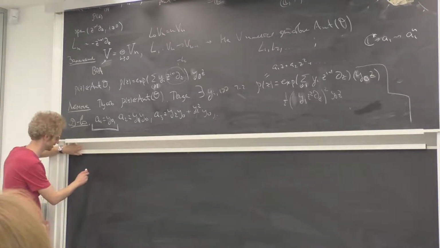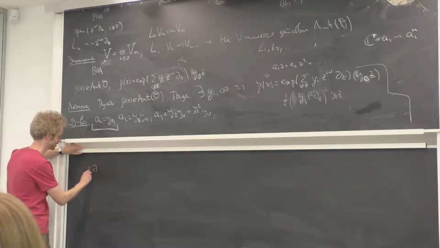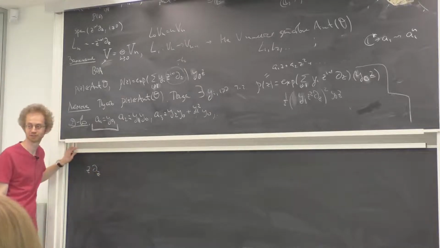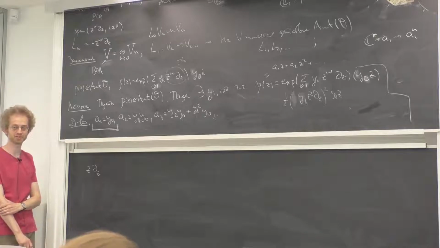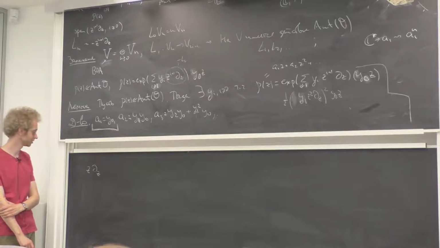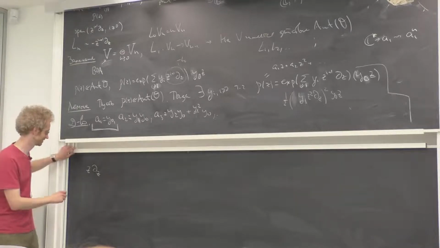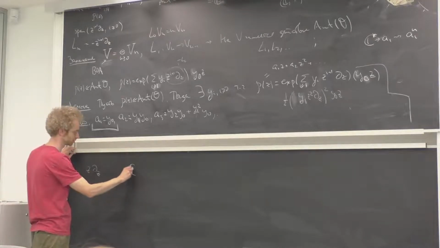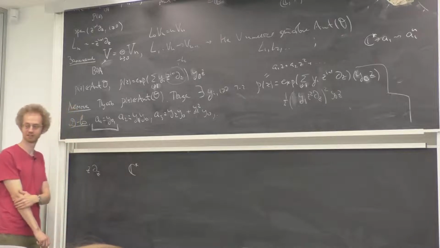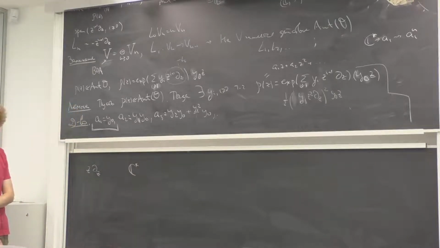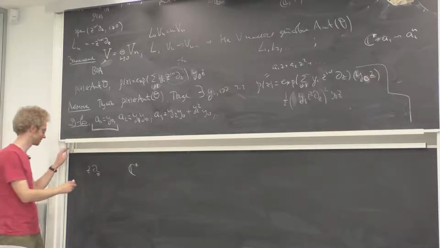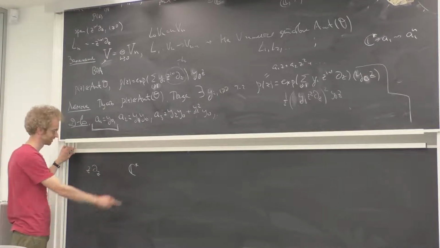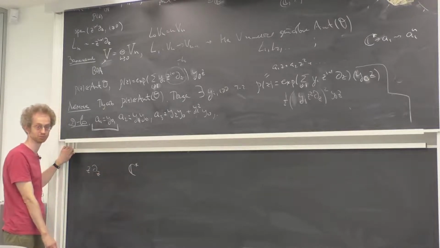So let's see. So we have z dz. So this operator z dz, and on the other hand we have the group C star given here. This is the one-dimensional Lie algebra, and this is the one-dimensional group.